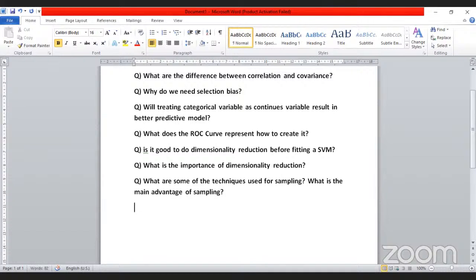Okay, try to answer this question. Just tell me what the sampling techniques are, what the types of sampling technique are. That will be enough. Other than that, I will explain.